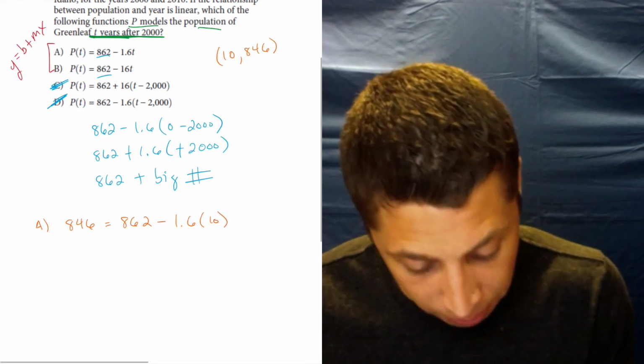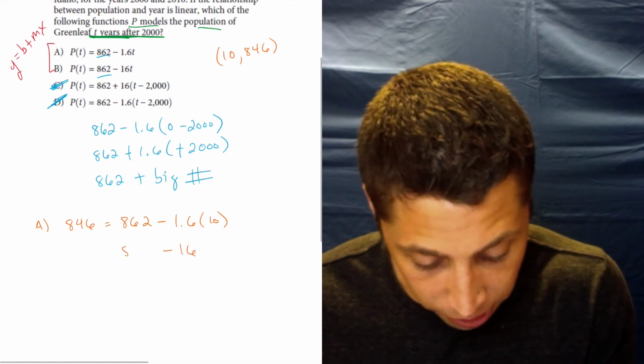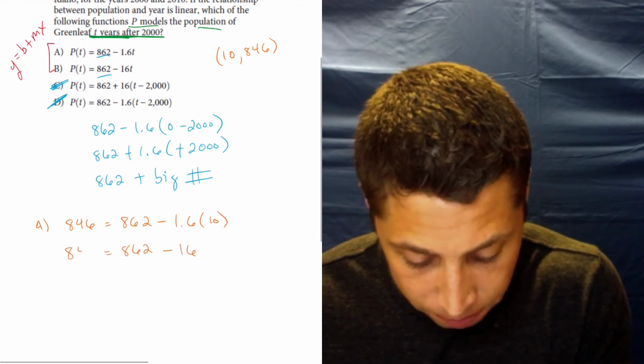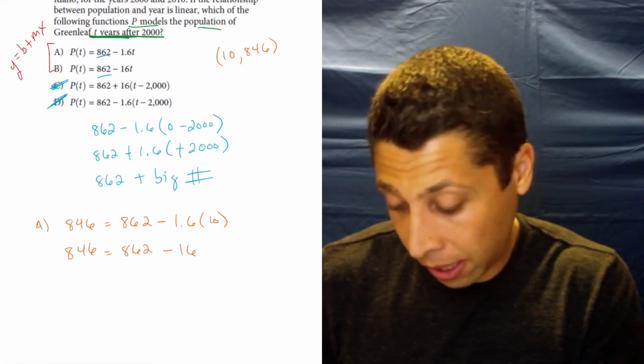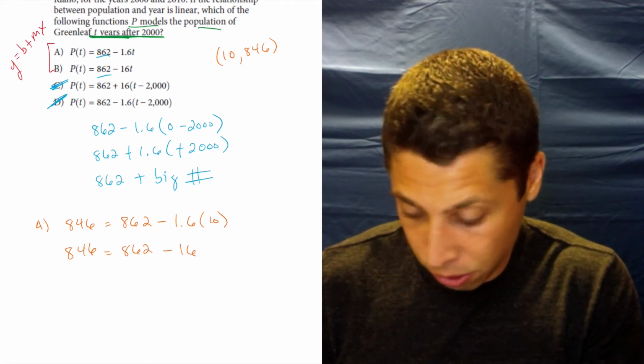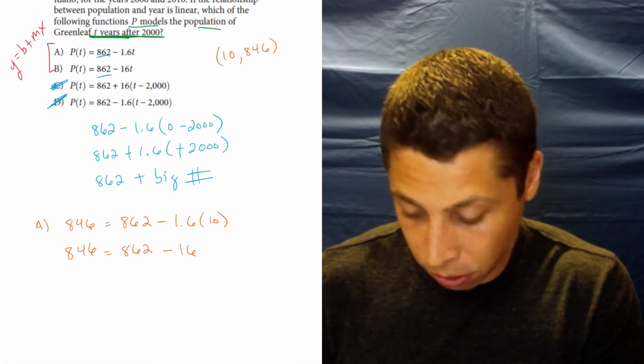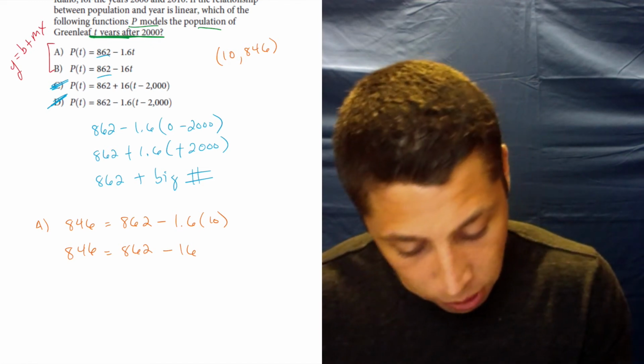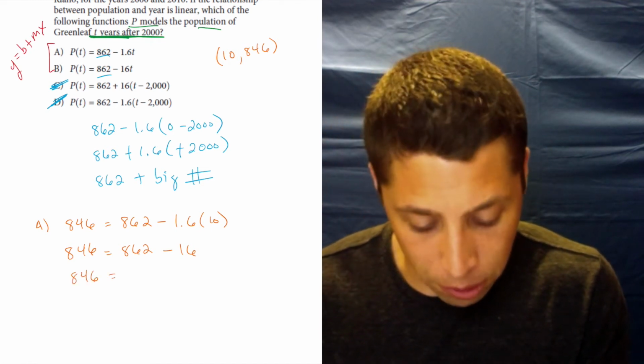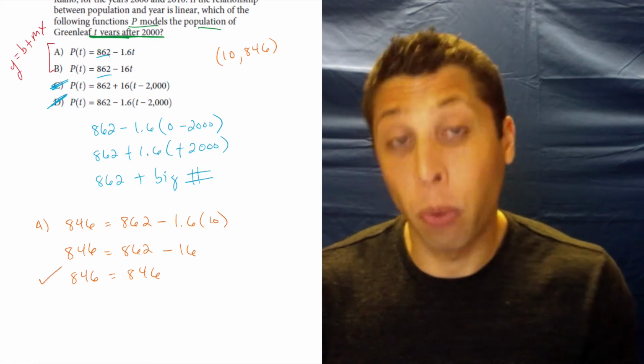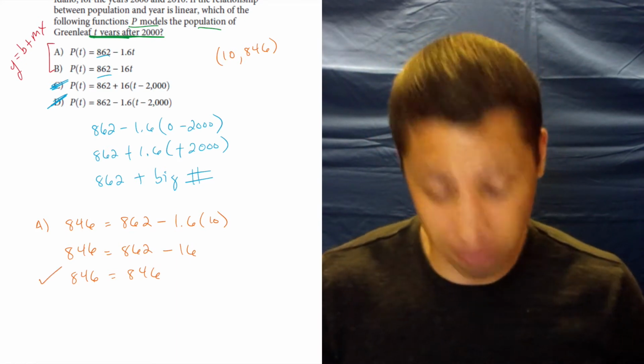So 1.6 times 10 is 16. So 862 minus 16. I think it's 846, but why not use the calculator just to make sure? 862 minus 16 is 846. So there we go. This is how we know that our point works in our equation, as we get a number equal to itself, right?